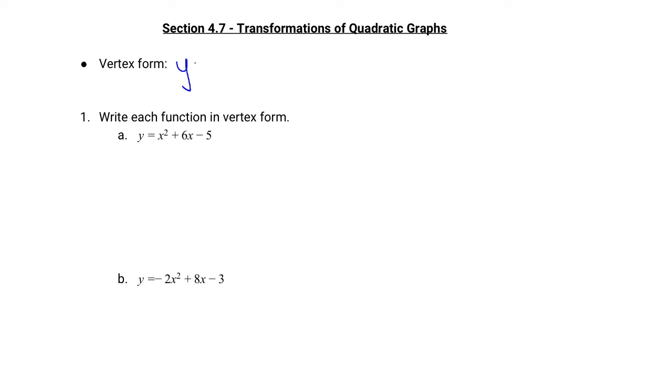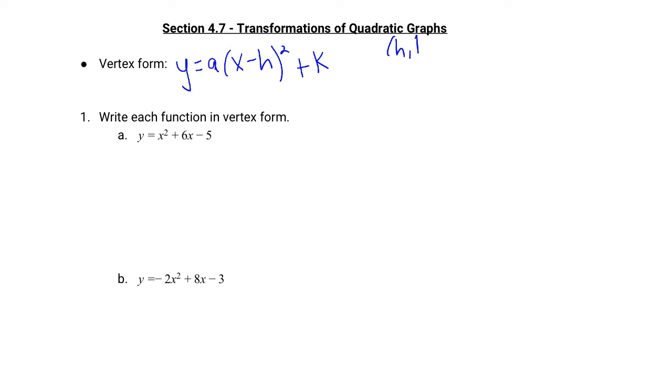All right, so it's going to look like y equals a times x minus h squared plus k. Lots of crazy letters in here. You might recognize some of them from the completing the square.